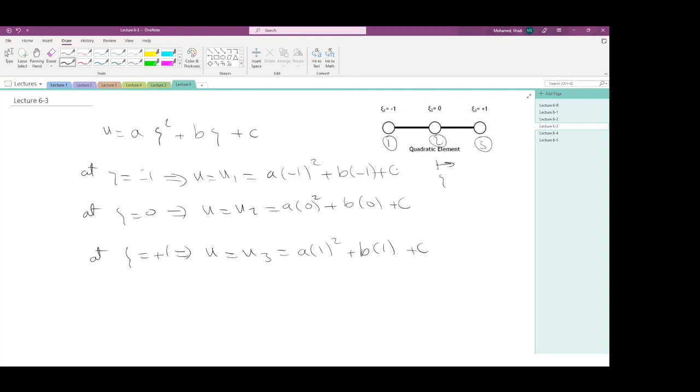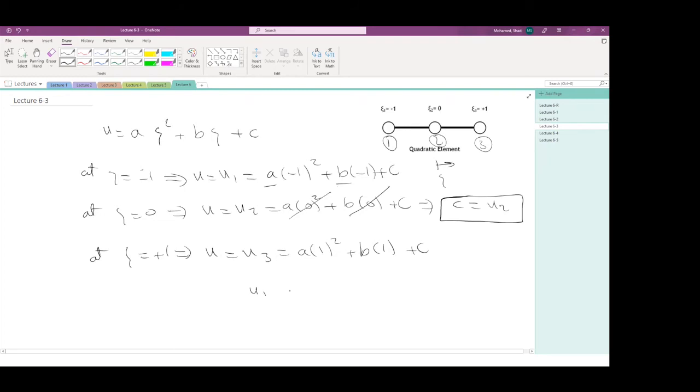Okay, so I'm just going to organize these equations, just rearrange them. If you look into this equation, this is going to 0 and this is going to 0. You are only left with c equal to u2. So I've got my first unknown, and I'm only left to find a and b. I'm just going to rewrite these equations in a neater way.